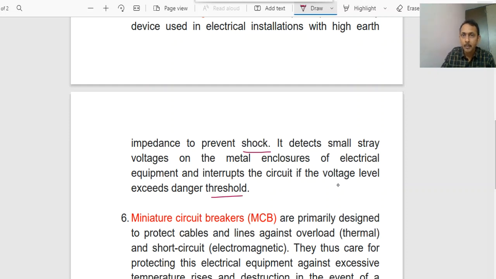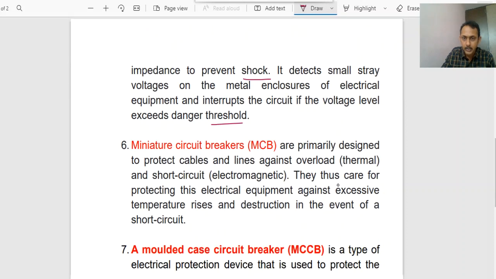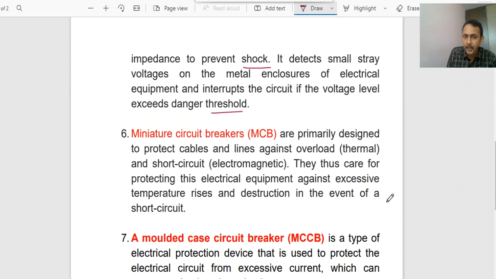Coming to the miniature circuit breaker, MCB, this is primarily designed to protect the cables and lines against overload, that is thermal, and short circuit conditions.